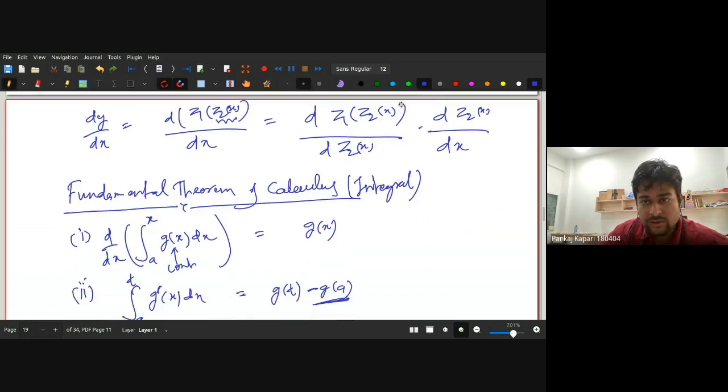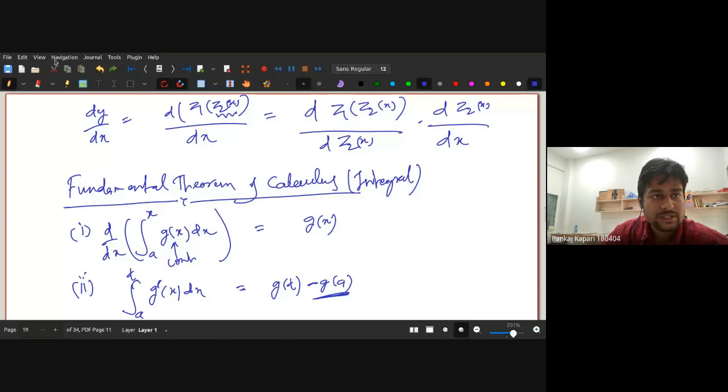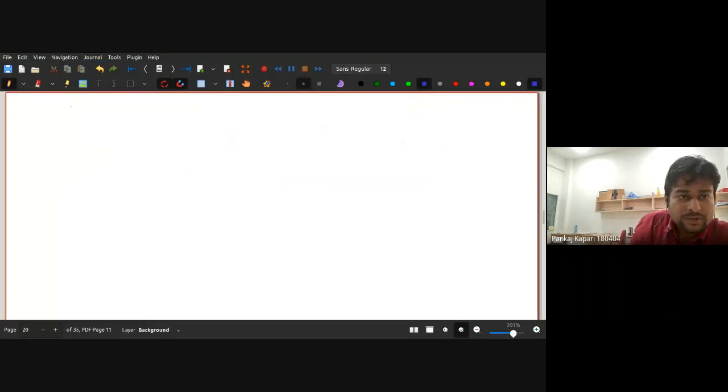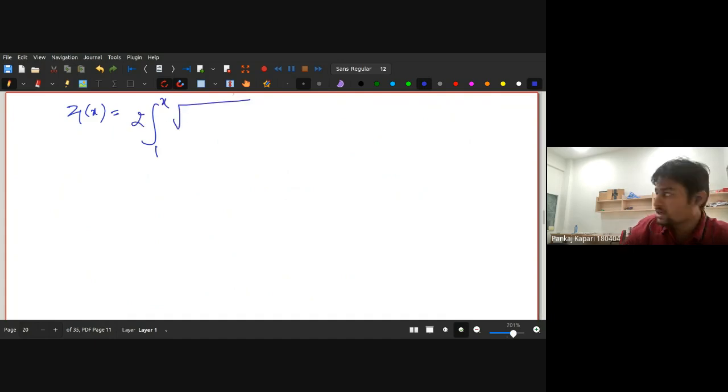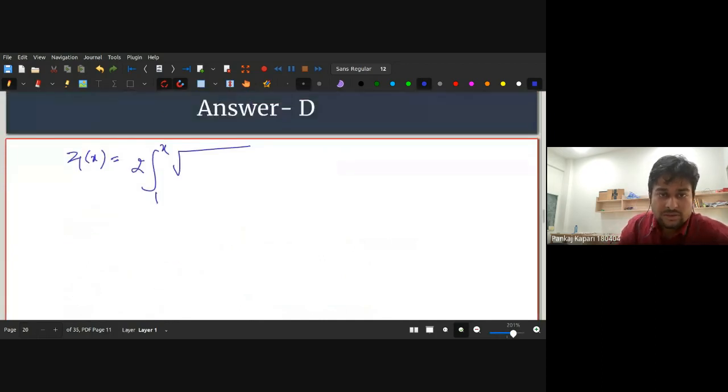And you can see that we have to differentiate the function z1, and z1 is given by an integral. So what was z1? Let me recall once again. z1 of x is the integral from 1 to x of (3 plus t to the power 3 by 2) dt, right?